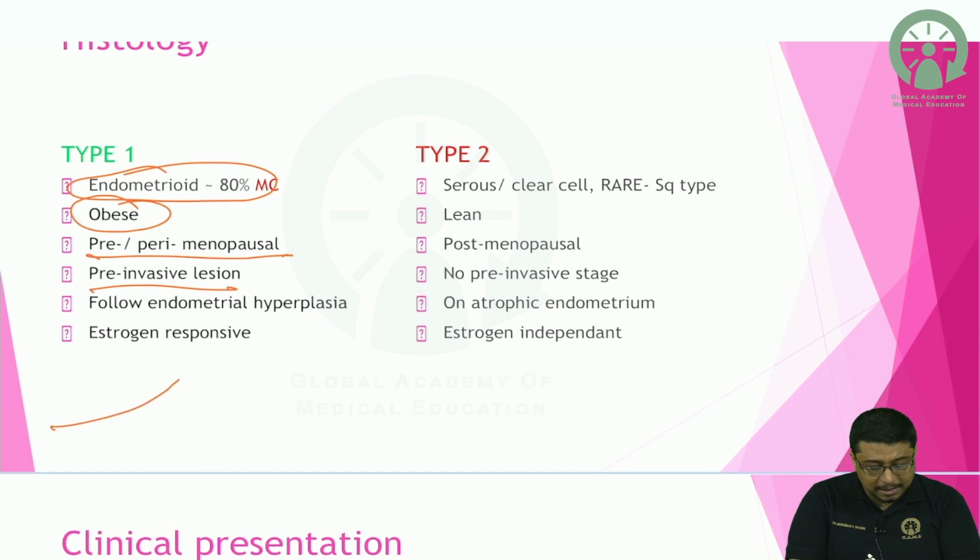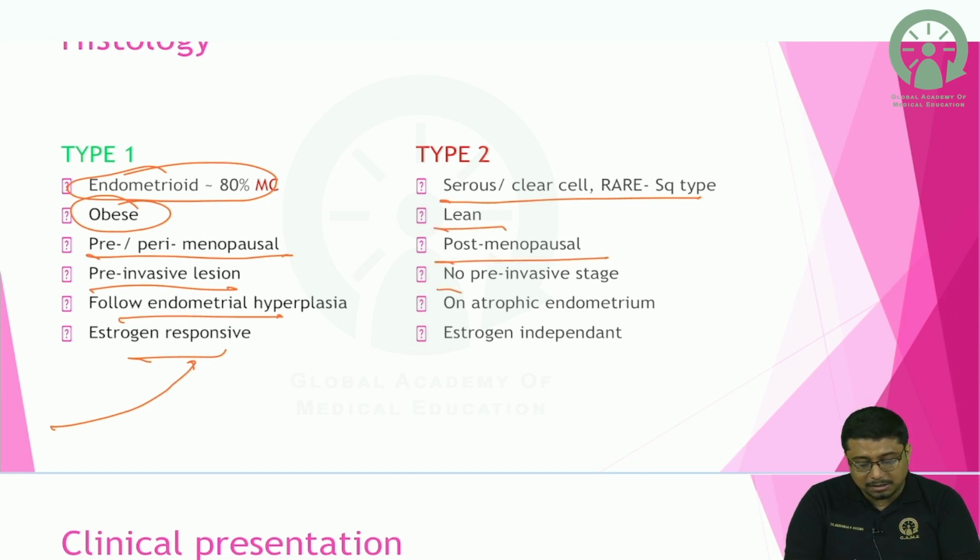I mean, there is a gradual progression. First, the in situ type of lesion, then the invasive lesions, and it follows endometrial hyperplasia. It starts with endometrial hyperplasia and is estrogen responsive. And type 2 is exactly opposite. It is the bad or aggressive histologies, lean patients, postmenopausal, no pre-invasive stage.